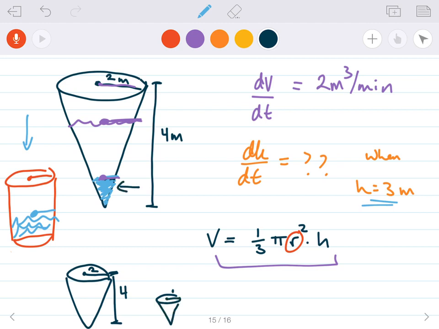So let's say this is our radius here. This is our height. We want to leave the radius as R because we're trying to say in general what H as a function of R is, or R as a function of H rather.